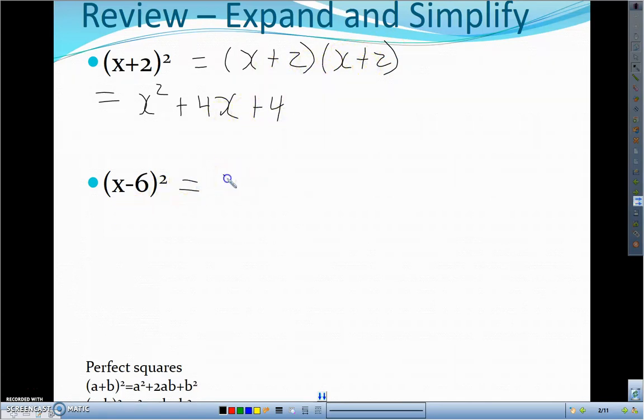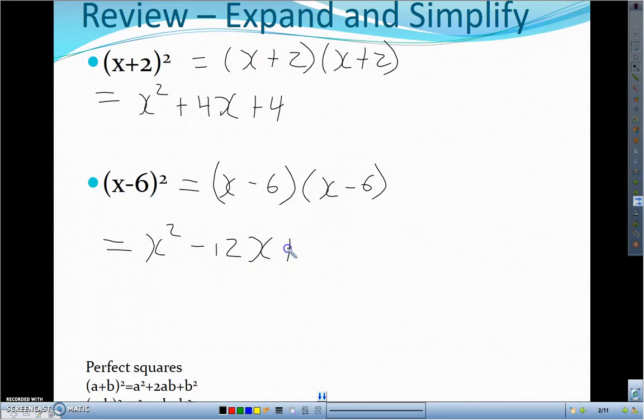And this here is equal to x minus 6 times x minus 6. This is equal to x squared, minus 6 is minus 12x, 6 times 6 is plus 36, and the negatives become positive because it's negative times a negative.